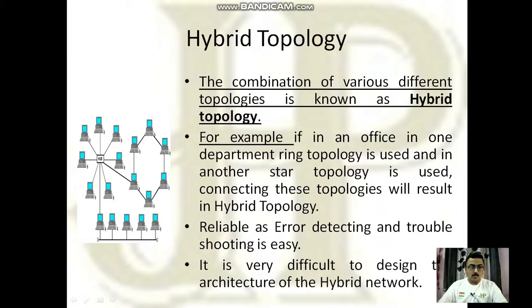How? Because each topology has its own functionality and features, and based on these features we can rectify the error. But it is very difficult to design the architecture of the hybrid network.